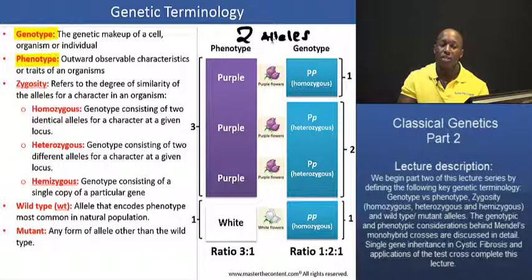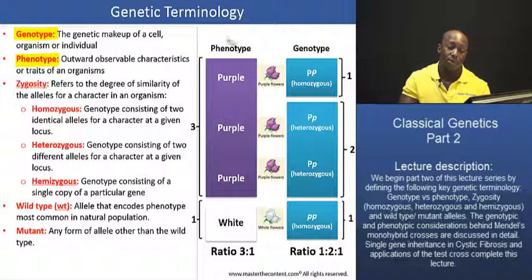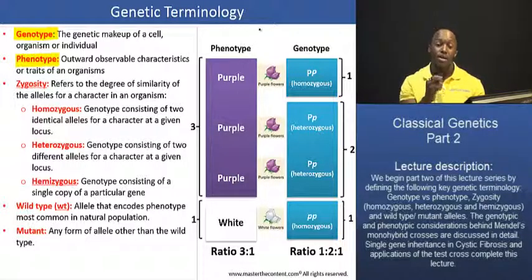So you have one dominant allele that causes purple flower color, and you have one recessive allele that causes white flower color. Now both of these alleles are located at the same locus, the same position on a chromosome. Now when we talk about the hemizygous state, we're talking about a gene or a character that's determined by only one allele. So it's hemi, meaning half.